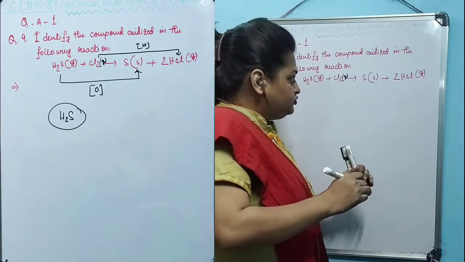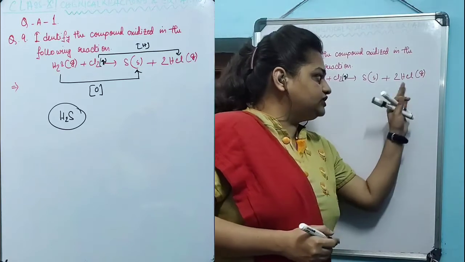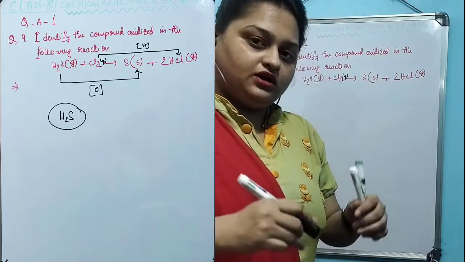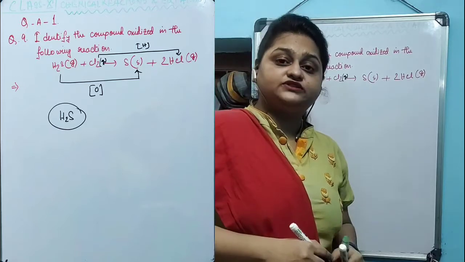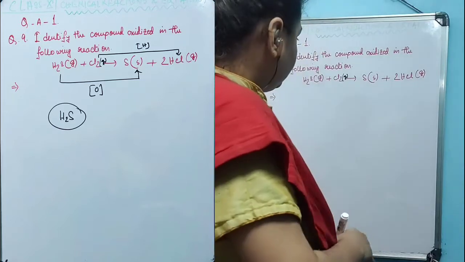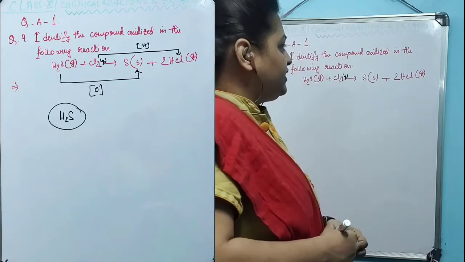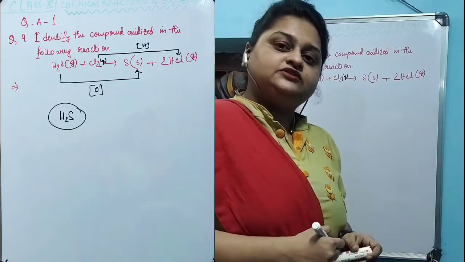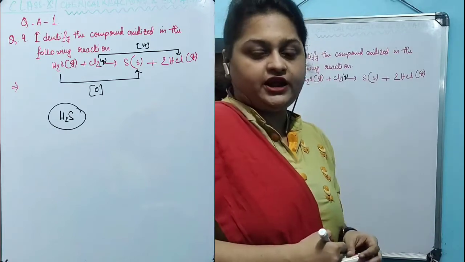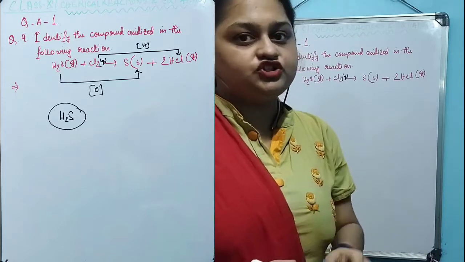Now, to identify the oxidized compound, let's do this with the help of our simple oxidation definition. The simple oxidation reduction definition says that loss of hydrogen is known as oxidation and addition of hydrogen is known as reduction.